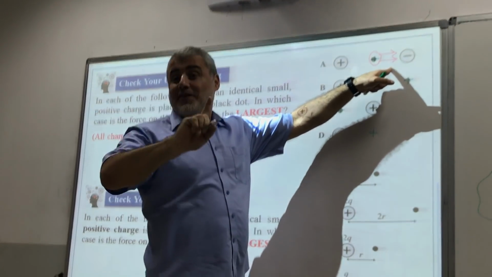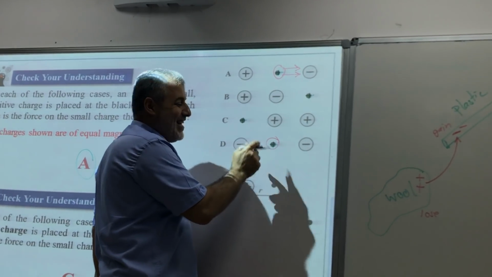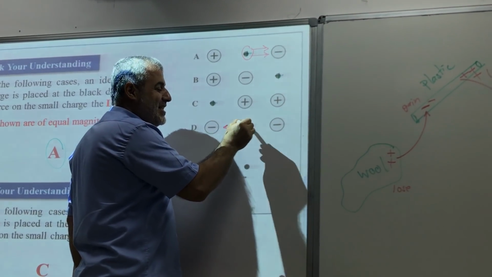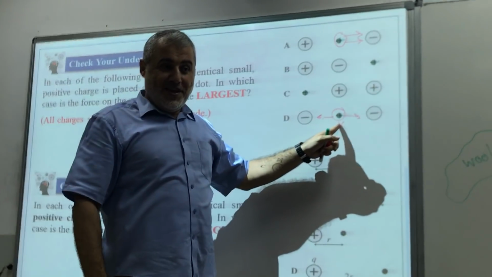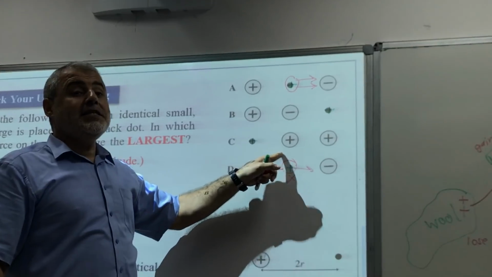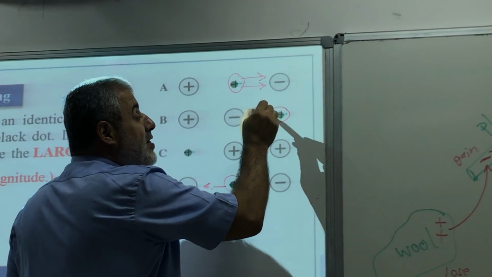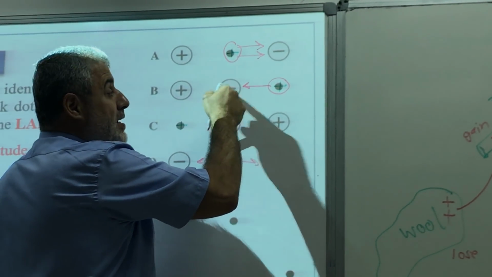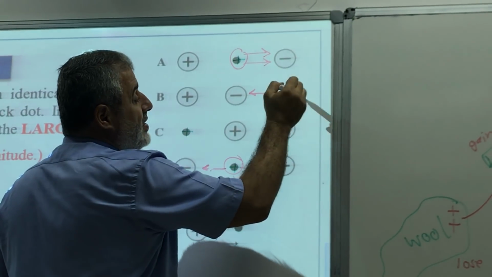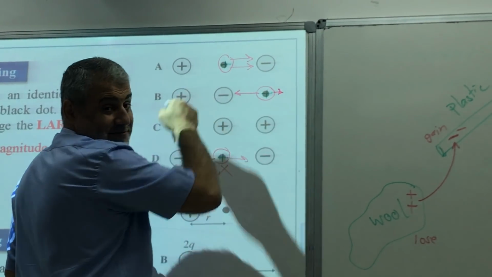See, this is the RA. By the way, I'm going here. Here they cancel each other. Right? But pay attention with me. Here, this one has a large force with the negative, but on the other side there is also a small force of repulsion.